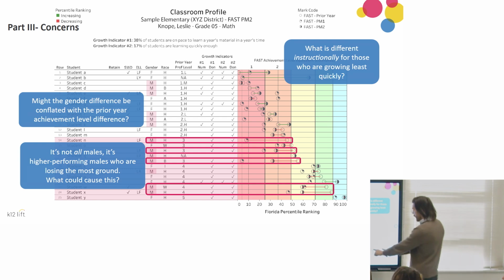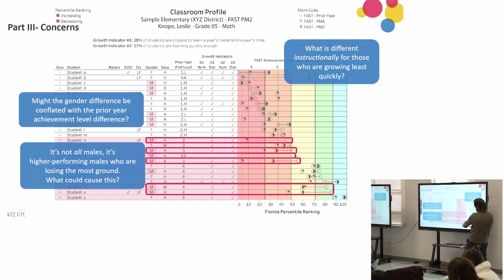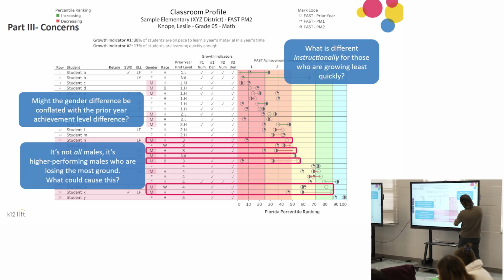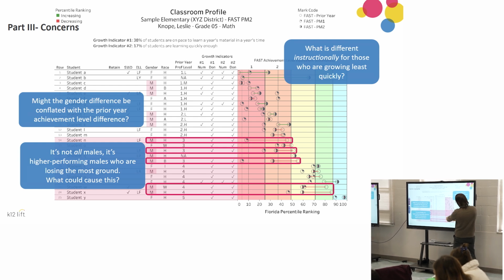So looking at this line here, this student X, this line is about the same size as this line here. However, this student is having a much bigger impact on that aggregate for males than this student here.